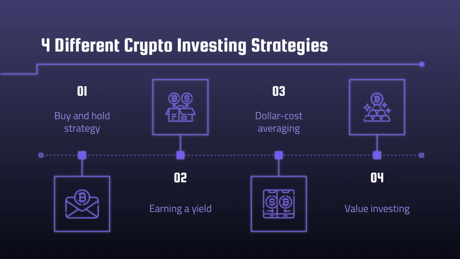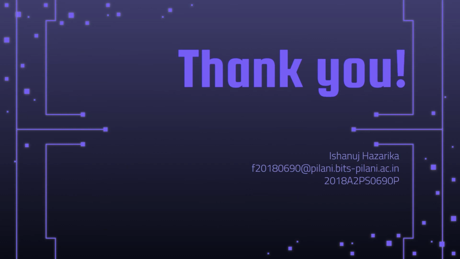Value investing is all about finding an asset you think is trading for less than it's worth. You then purchase that asset under the assumption that its market price will rise over time. The primary challenge here is figuring out which assets are genuinely undervalued. This strategy takes a lot of time, research, and practice if you want to generate a profit.